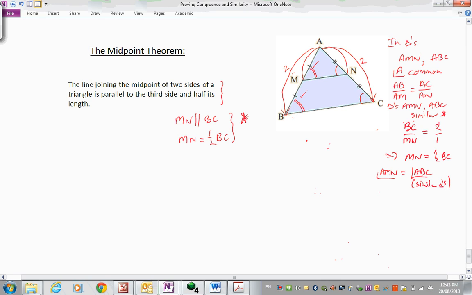And these are in corresponding positions, so therefore they must be parallel lines. MN must be parallel to BC. So that's another way of coming at that idea: if you join the midpoints of two sides of a triangle, you create a line which is parallel to the third side, and it's half its length.